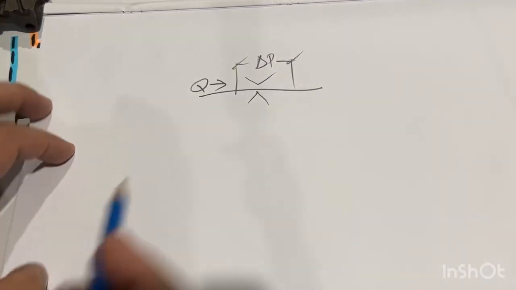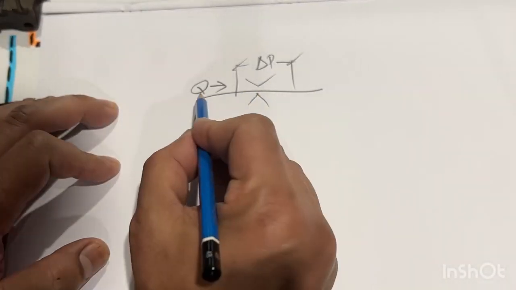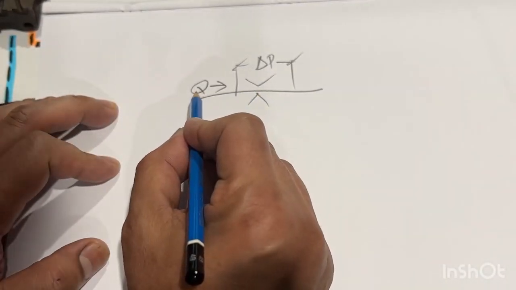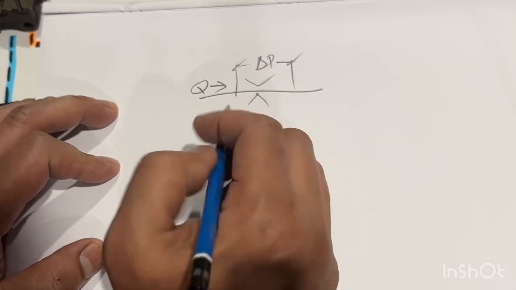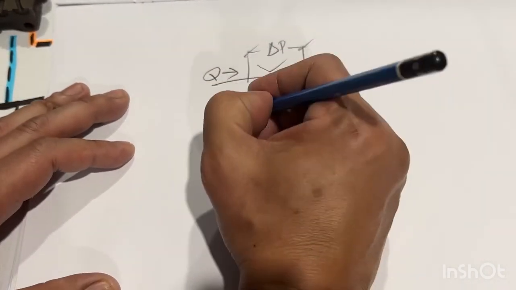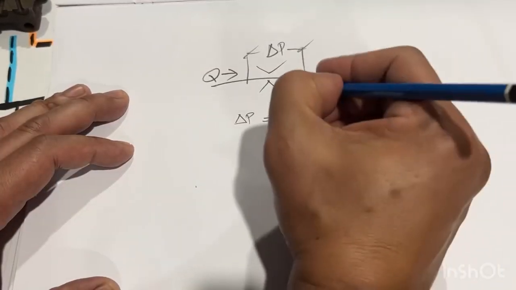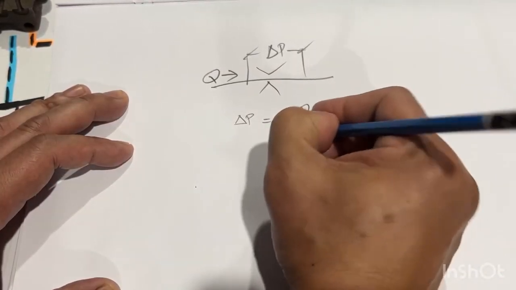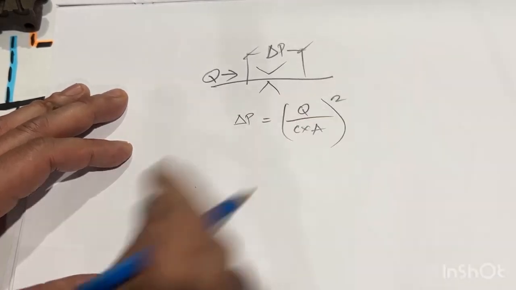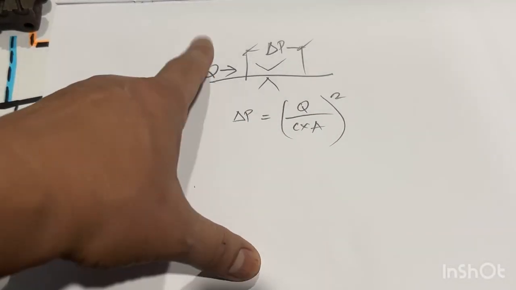If you have a small area here and a big flow across the orifice, delta P is increased. As the area decreases at constant flow, delta P will increase.